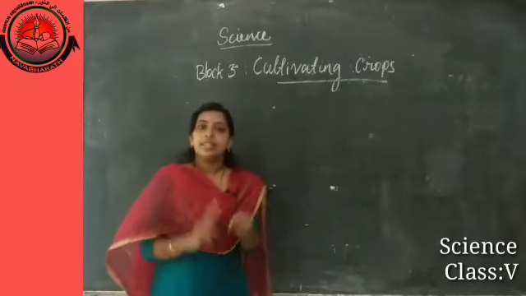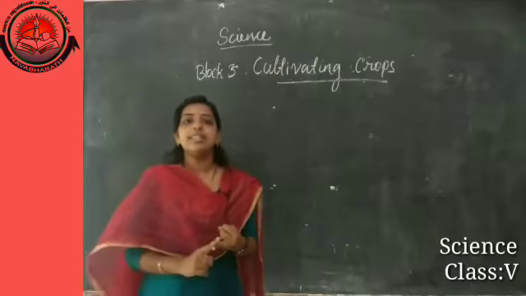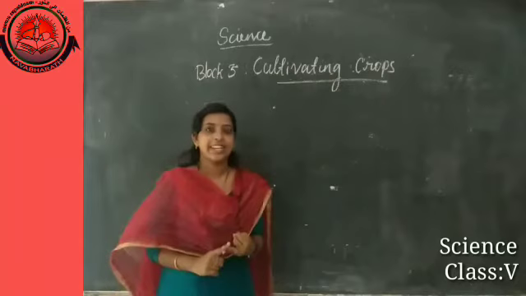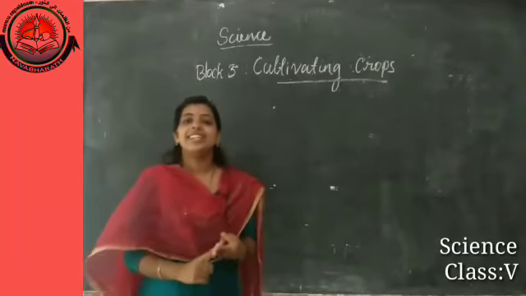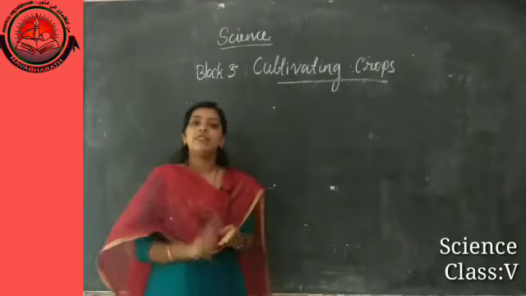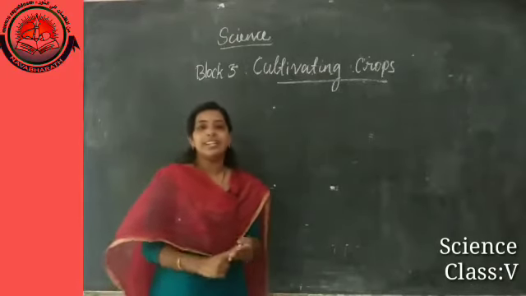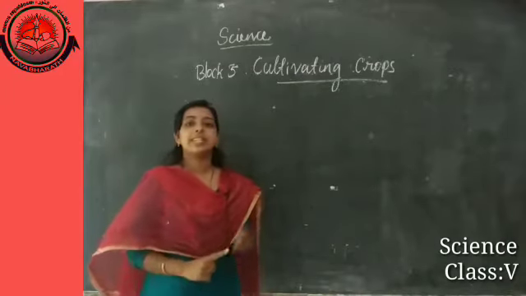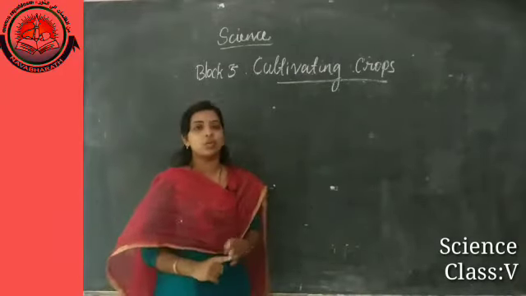In the second lesson we learn about the types of crops. The third lesson is types of fertilizers, and the fourth is good cultivating practices. Now we can discuss the practice questions of this block.